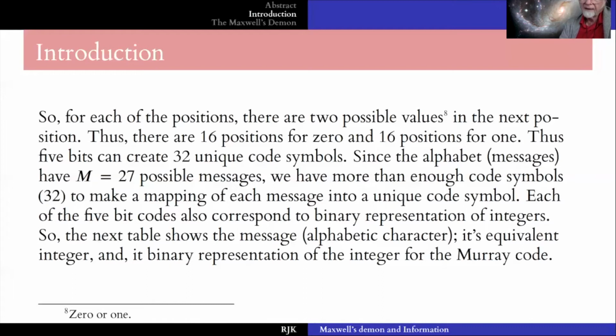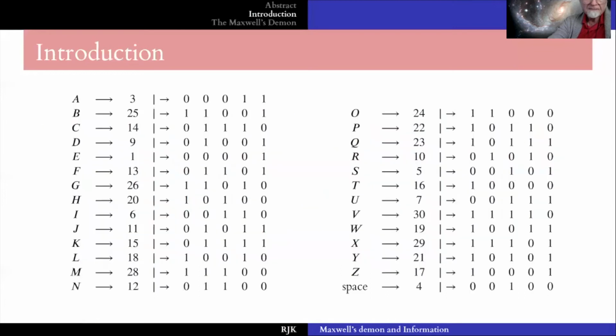So that's why they used 5 bits. If they had 4, it would have only been 16, so you wouldn't have been able to handle enough. And if you had 7, 2 to the 7 is 128, so you'd have a lot of waste in the representation. 5 was enough to handle all 27 messages.